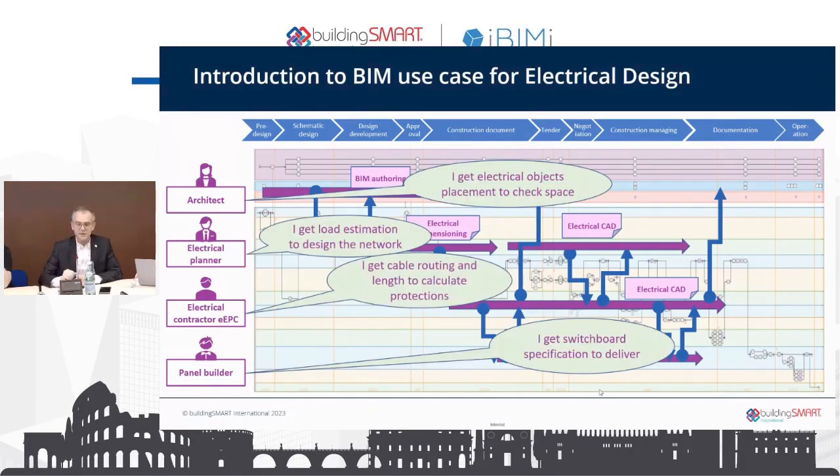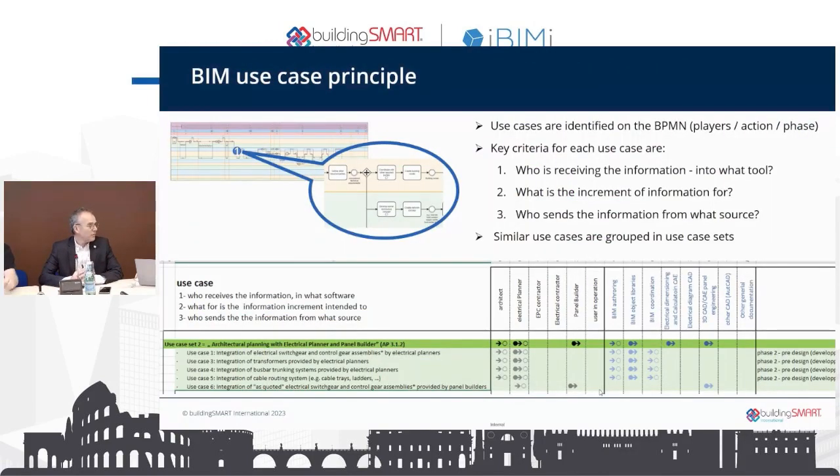And the use cases are now, let's say, I am an electrical contractor and I am expected to receive this kind of information at this stage from the architect. So this is the principle of the use case we define. Use cases are identified on the BPMN process map.